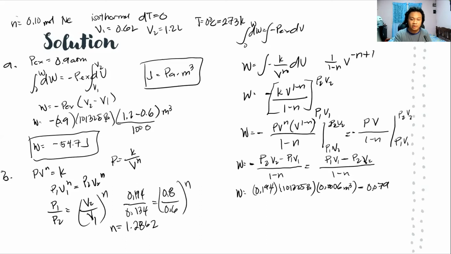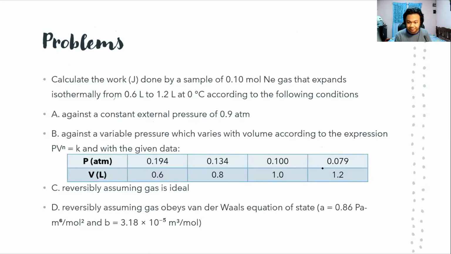over minus 0.079. Or you can actually use the last, diba? The last, because we are going for 1.2, diba, in the final volume. So we will use these values.